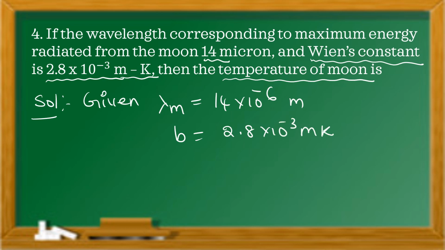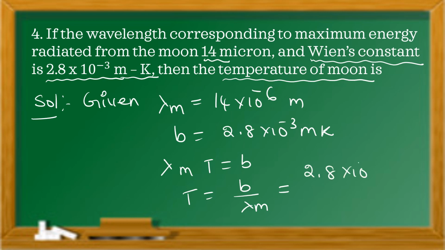From Wien's displacement law, lambda m into T is equal to B. So now we are calculating T is equal to B by lambda m. Substituting values, 2.8 × 10 to the power of minus 3 by 14 × 10 to the power of minus 6.